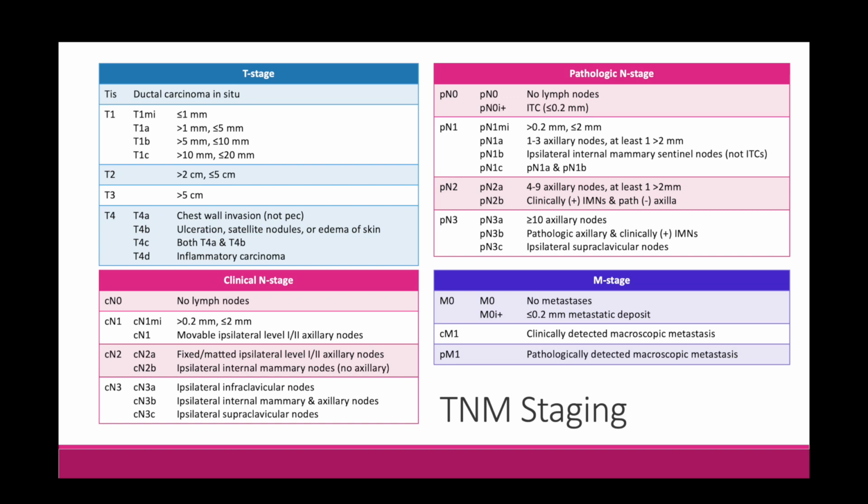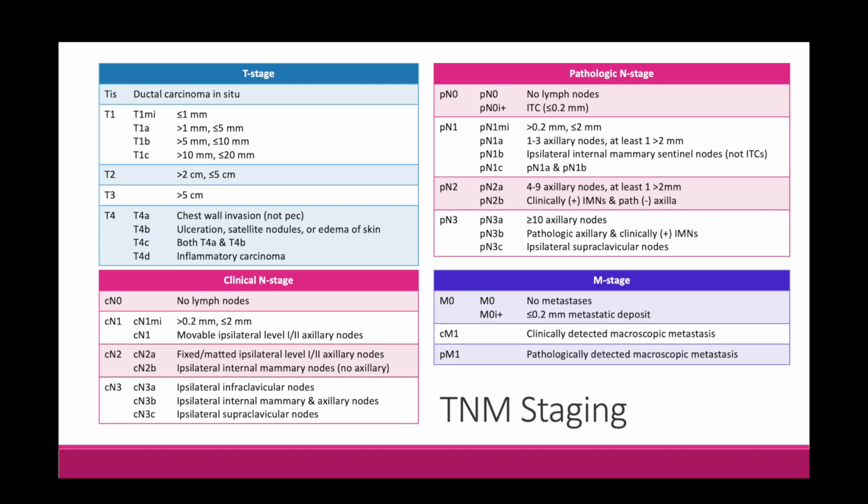So first of all, that's important if they received any kind of neoadjuvant therapy. So let's say they received neoadjuvant chemotherapy and they had some downstaging. The way that we denote that is by saying a little y and then a p and then the T, N, and M staging. So that's an important way of noting what the cancer was like clinically.